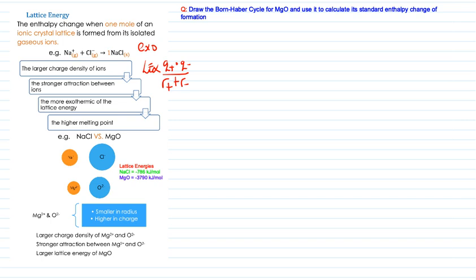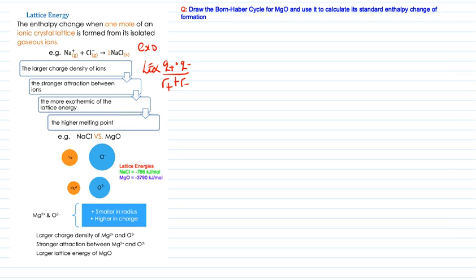Hence we have a stronger ionic bond between magnesium ion and oxide ion compared to the sodium ion and chloride. For example, the lattice energy of sodium chloride is minus 786 kilojoules compared to minus 3790 of magnesium oxide.